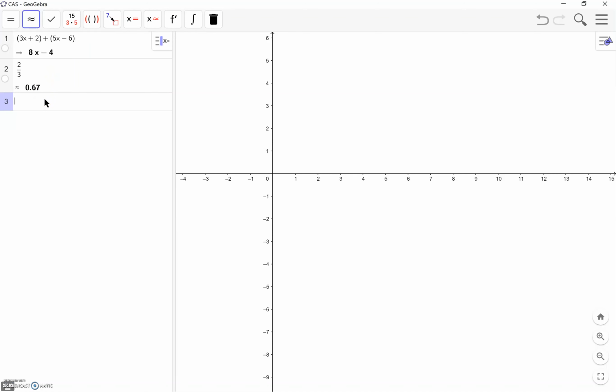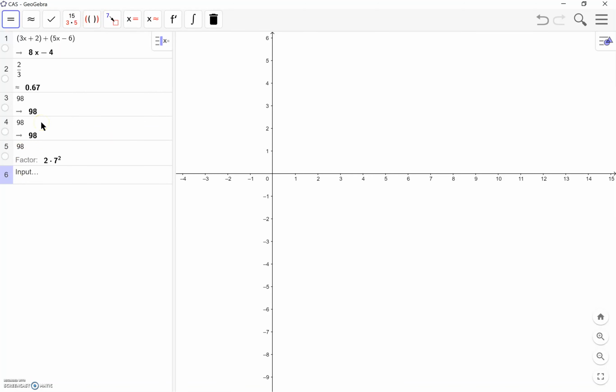Another nice feature that we have, let's say I have the number 98 and I want this number to be factored. I don't know what my prime factors are. I can click on this tool right here and let's see, is it going to factor it for me? Let's try typing a new line.